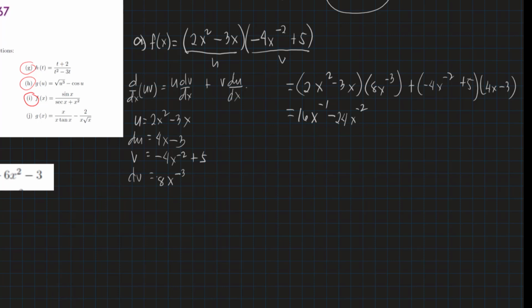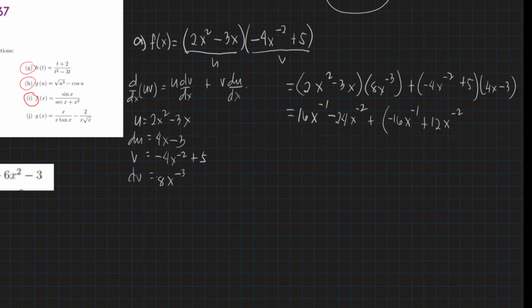Yan. Then, this one, gagamitin lang natin yung FOIL method. So, magiging plus, negative 4x to the negative 2 times 4x is negative 16, or plus negative 16x raised to negative 1. And then negative 4x raised to negative 2 times negative 3 is positive 12x raised to negative 2.